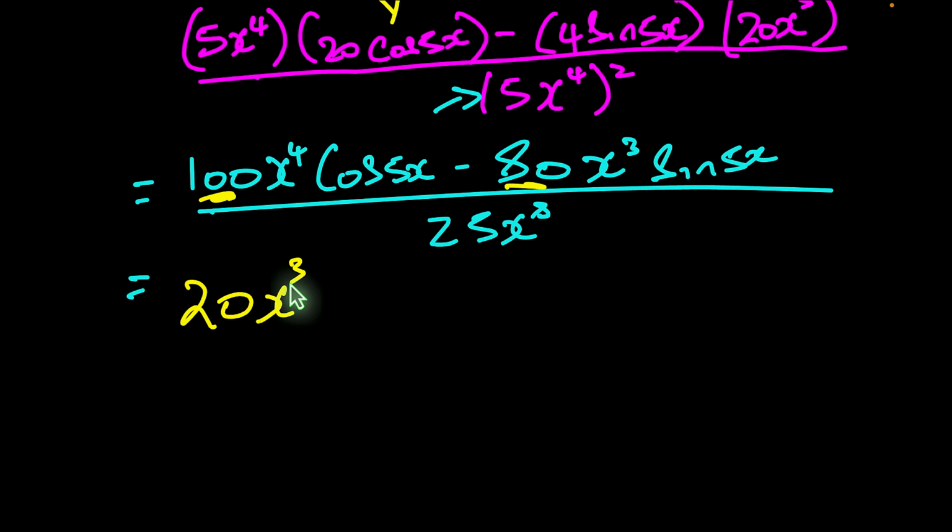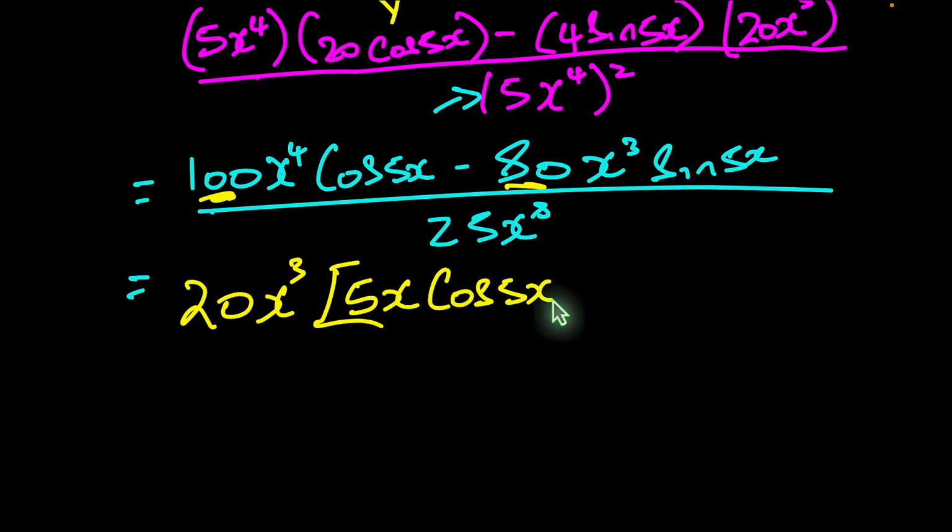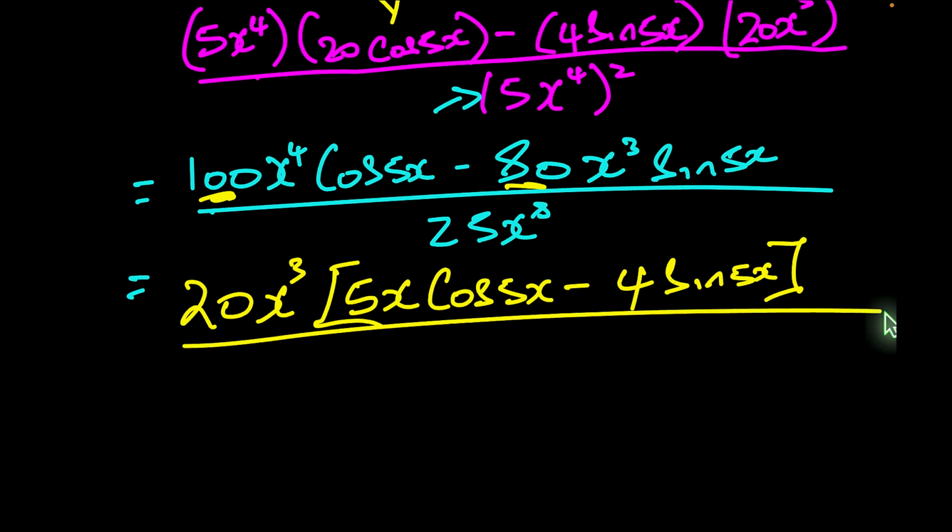So this is what we're going to use to divide through. 20x cubed into 100x to the power of 4 leaves us with 5x. We can't touch this cos 5x because it's a function. Divide through again, 20 into 80 is 4, x cubed will cancel x cubed, so 4 times sin 5x is what we're left with, all divided by 25x to the power of 8.